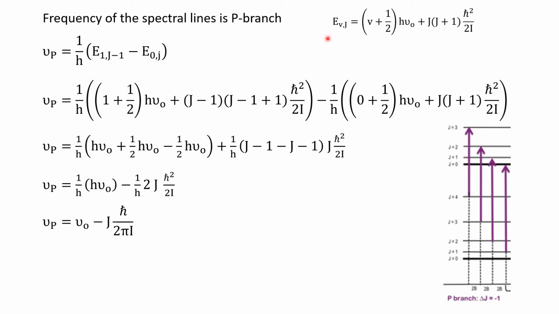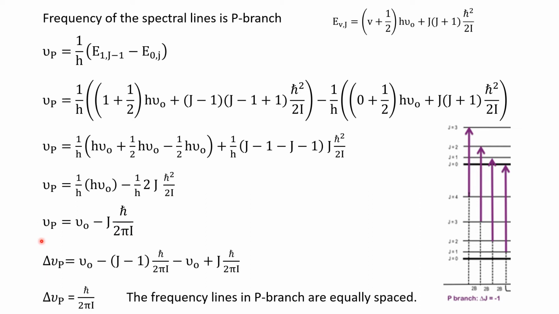So this one is the rotational-vibrational energy, and we need to put in different values of j and v. So we have this situation for E_1, j-1 and this situation from E_0, j. After the simplification, we arrive at this expression, which is the frequency of the photon of the P branch of the spectrum.